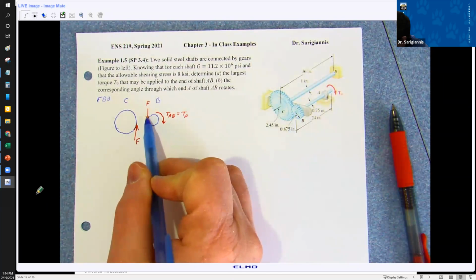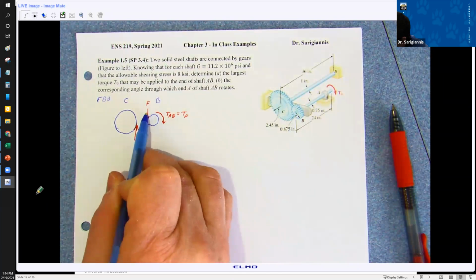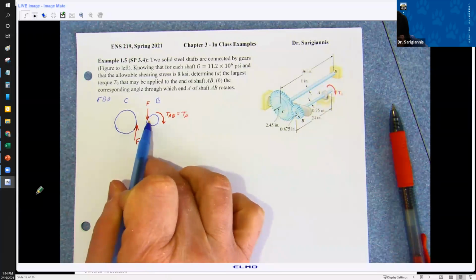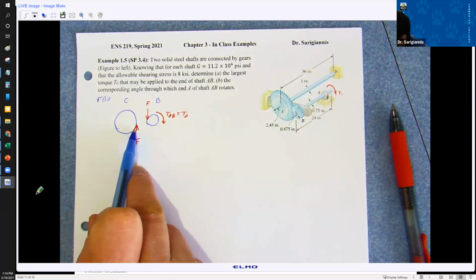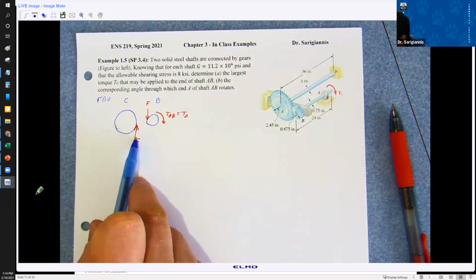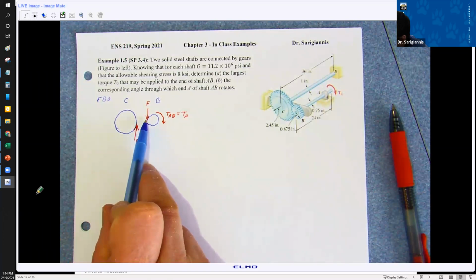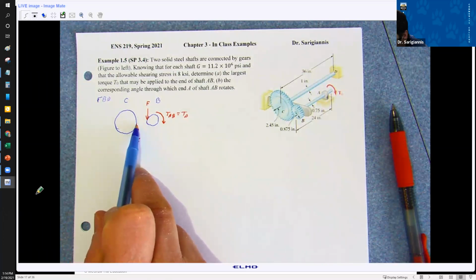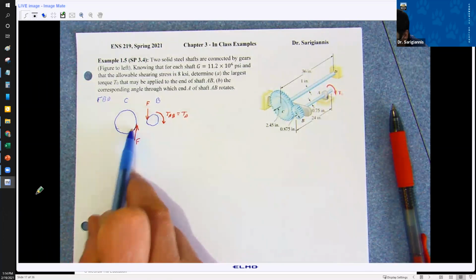This is the reaction force, the reaction force of C on B. Analogously, this force is the reaction force of A on C. This is the coupling force between them; it's equal and opposite.